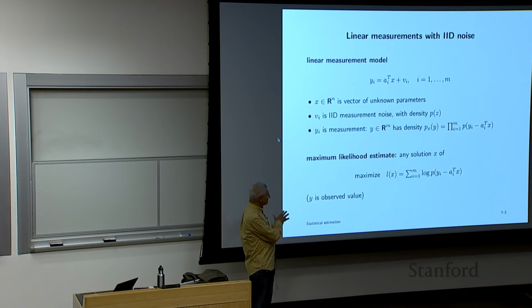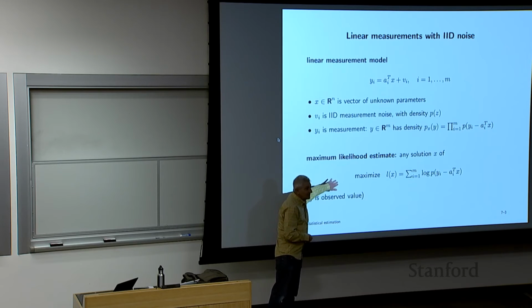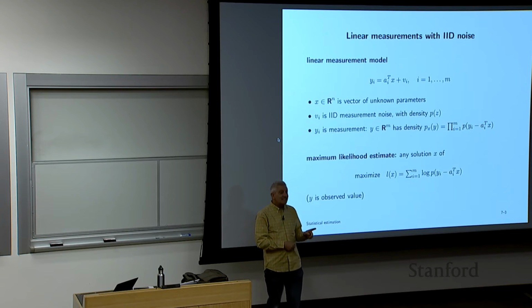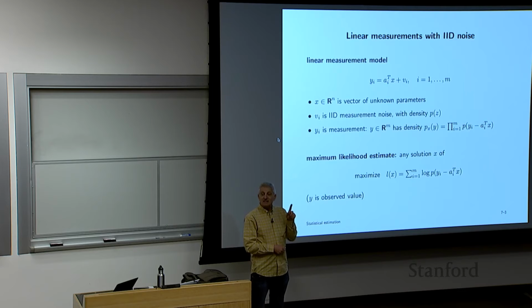What's interesting here is that this is a convex problem, which is to say that the log likelihood is convex. In this case, it coincides exactly with the density being log-concave. So this is a case where the two are the same.